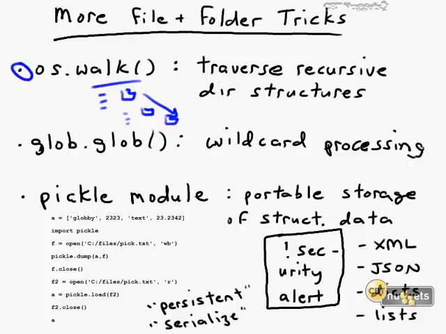Speaking of pattern matching searches, we have the glob module, which, if we import glob along with os, gives us tremendous flexibility in not only being able to walk through a complex directory tree, but also the glob function in the glob module is used for wildcard processing. In other words, we can use the asterisk character, used as a wildcard character in most, if not all, current operating systems, to gather all files of a particular extension, or all files that start or end with a particular substring.